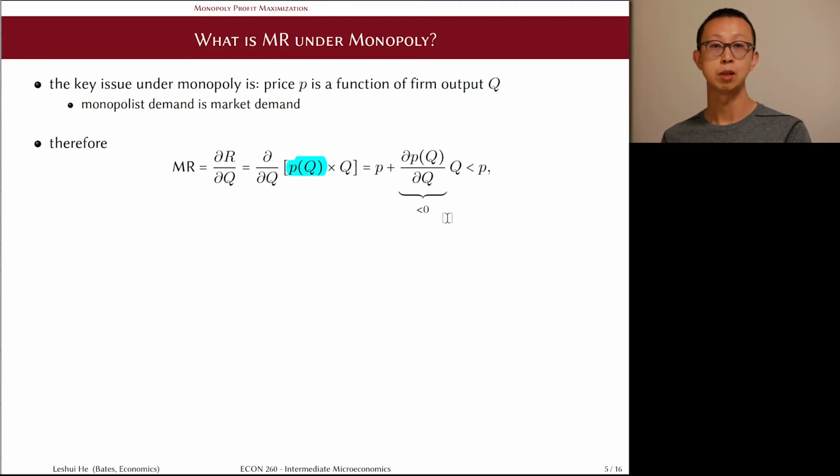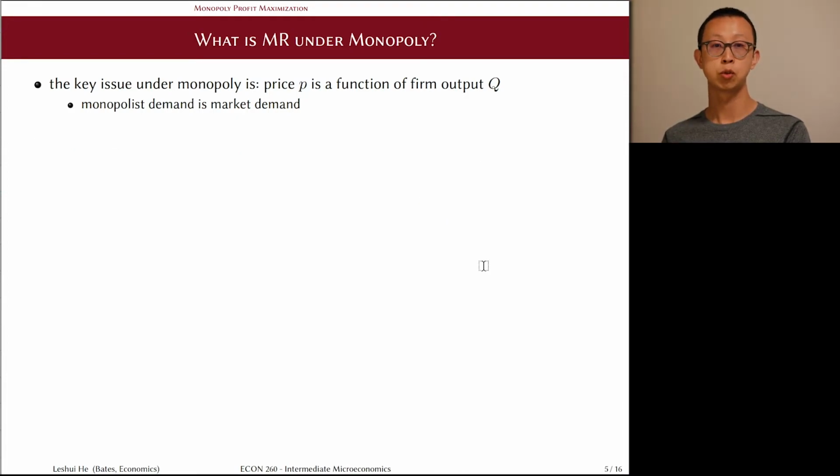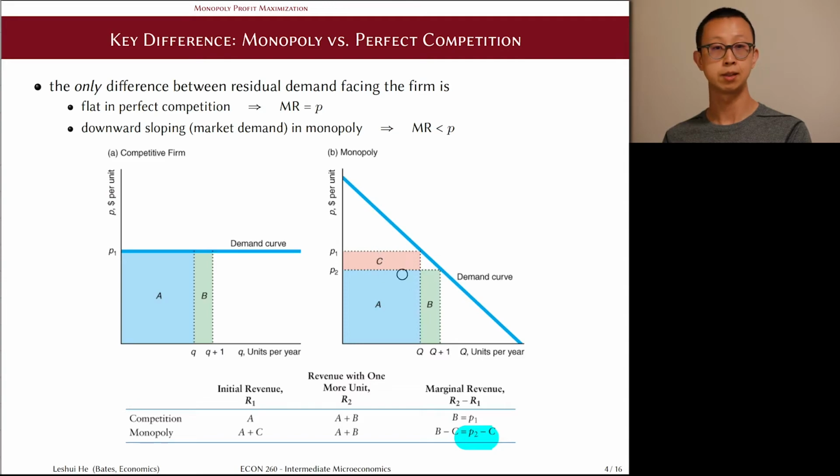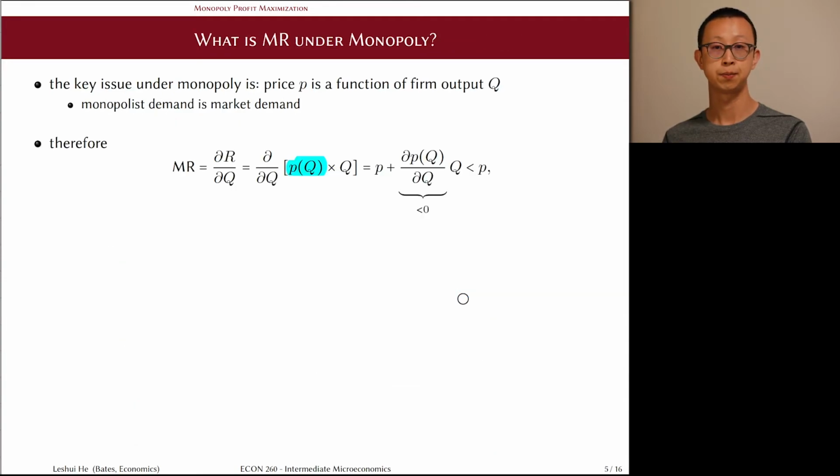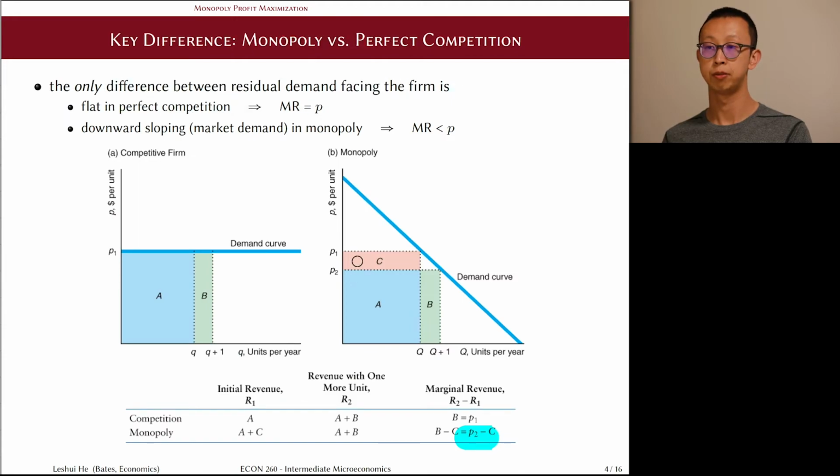As a result, it reduces revenue for all units of the firm's output level. This lost revenue is measured by the second term, which corresponds exactly to this area C on the previous slide. And the derivative measures the decreasing price, which is the height of the rectangle, from P1 to P2. And Q measures the base of this rectangle.